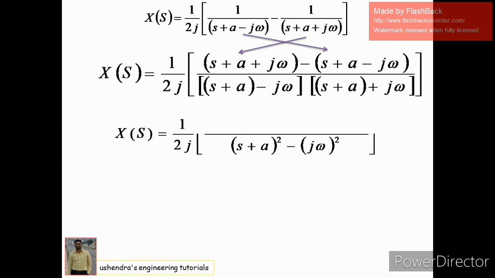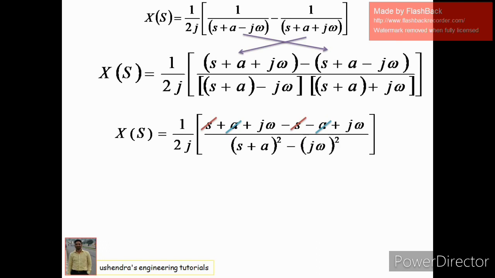In the numerator, all these terms are as they are, and this negative is multiplied to all these terms. The result will be s plus a plus j omega, and this negative multiplied inside results in minus s minus a, minus into minus plus j omega. Watch carefully once again: in the numerator, plus s and minus s get cancelled, and plus a and minus a also get cancelled.